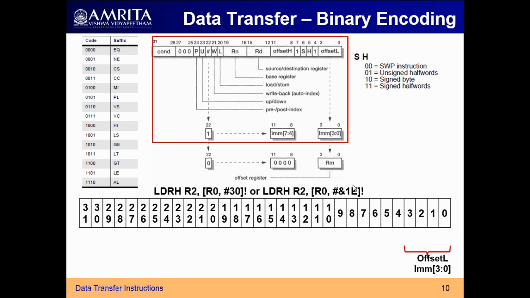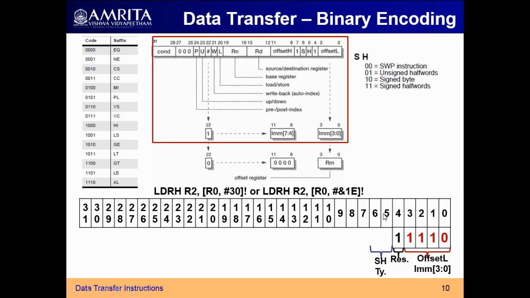What will be the LSB 4 bits of 1e? It will be nothing but e. E can be represented as 1110, and the MSB 4 bits will be 0001. That will be specified in the next section. So offset L, the LSB 4 bits of E, will be 1110. Then the next bit is reserved, that is 1.